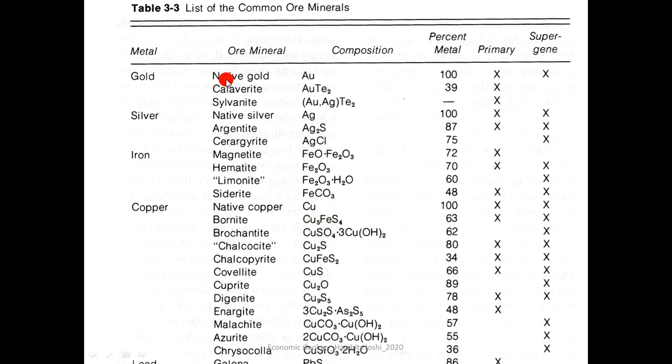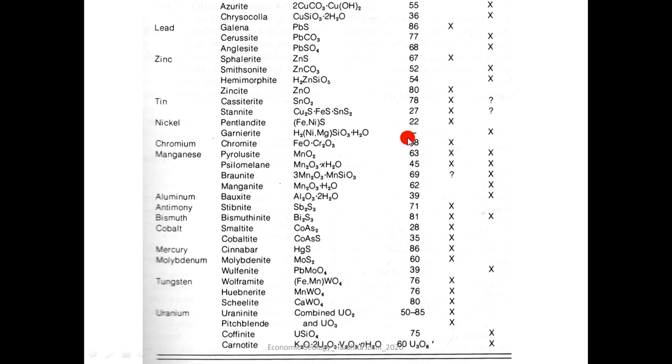Okay, so in terms of association of an element with different other elements, they form various ores. Likewise, lead, zinc, tin, nickel, chromium and others are seen associated with different other elements, and they form a definite chemical composition from which, on the basis of ore processing methods, we can extract the metal.